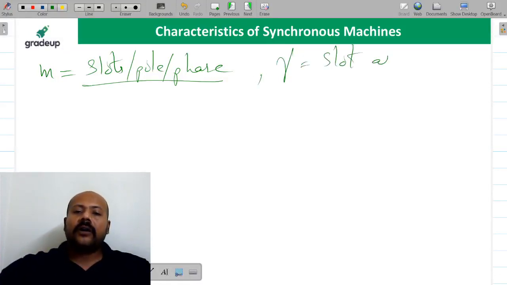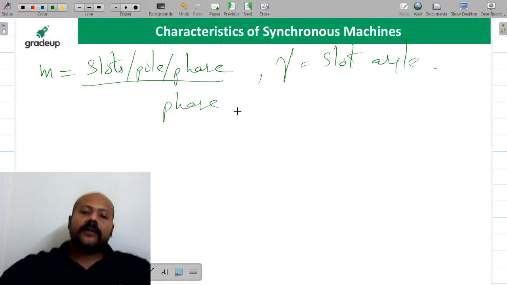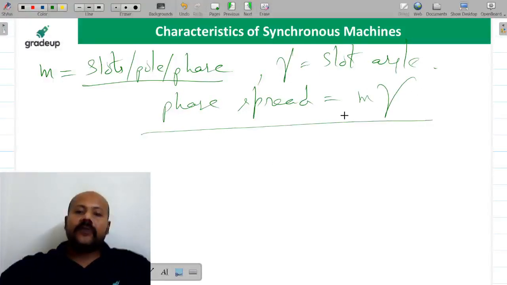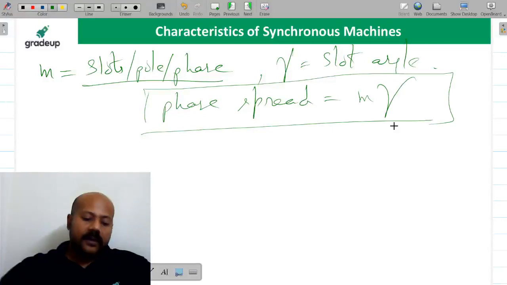You tell me what is the phase spread. What is going to be phase spread? Nothing but M multiplied by gamma. This is going to be phase spread. Yes or no? Is it clear to all of you? Please tell me quickly.